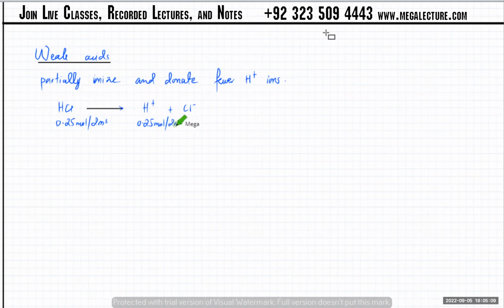You just have to figure out the pH: take the negative log of this, and that's about it. pH would be negative log of 0.25. So it was kind of easy.